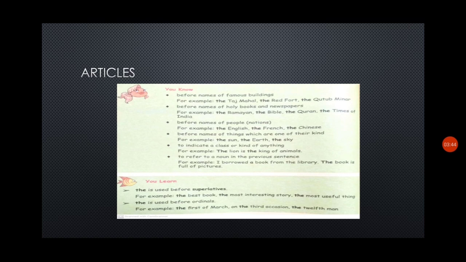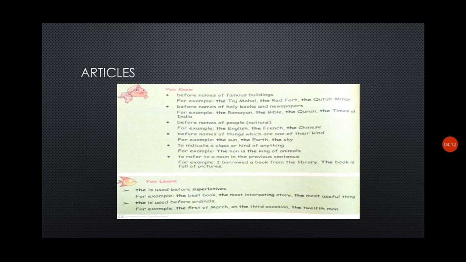So we do not use the with these things, okay, with proper nouns. Any article is not used with material nouns. What are material nouns? Like gold, silver, cotton, silk, wood.